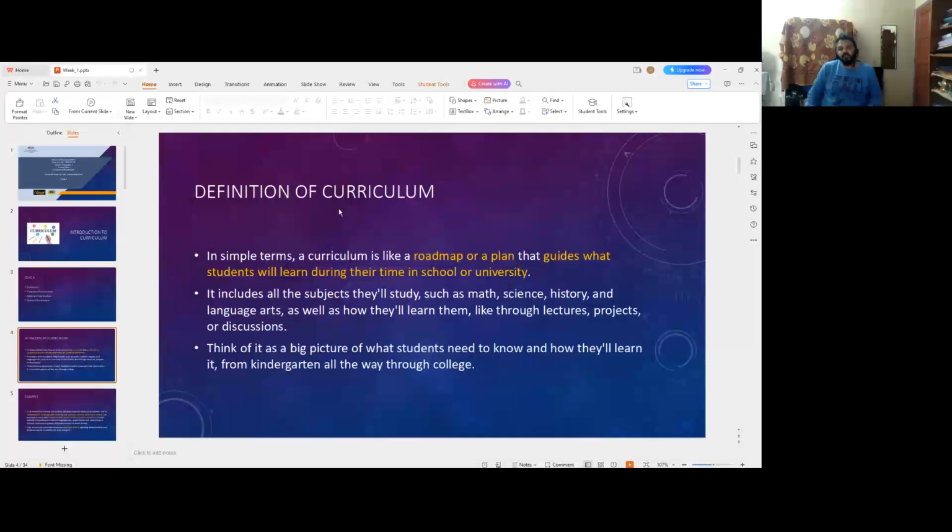The curriculum exists in the kindergarten, primary or secondary school, and even in the university. So now moving on.